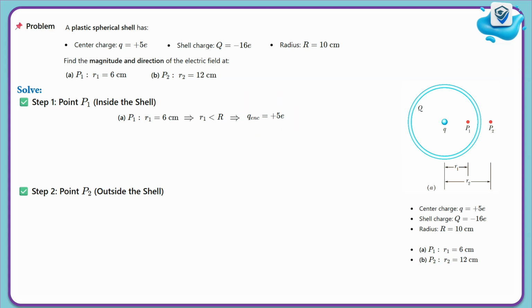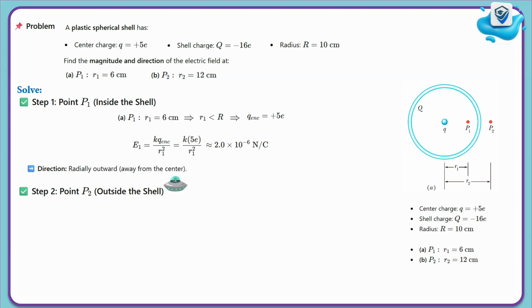Now we substitute this into the electric field equation. E1 equals k times Q enclosed divided by r1 squared. After substitution, we obtain E1 is approximately 2.0 times 10 to the power of minus 6 newtons per coulomb. Because the enclosed charge is positive, the electric field points away from the center.